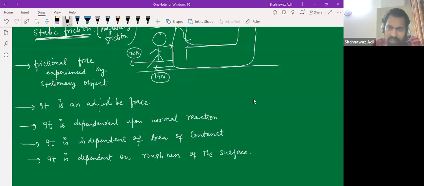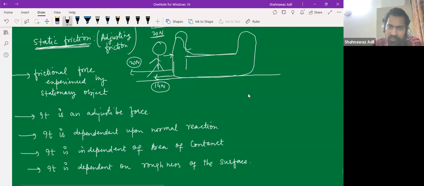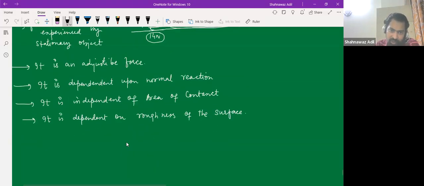Okay, so this mu s is directly proportional to normal reaction, and this friction is equal to or less than mu s times the normal reaction, and then you have this proportionality constant.